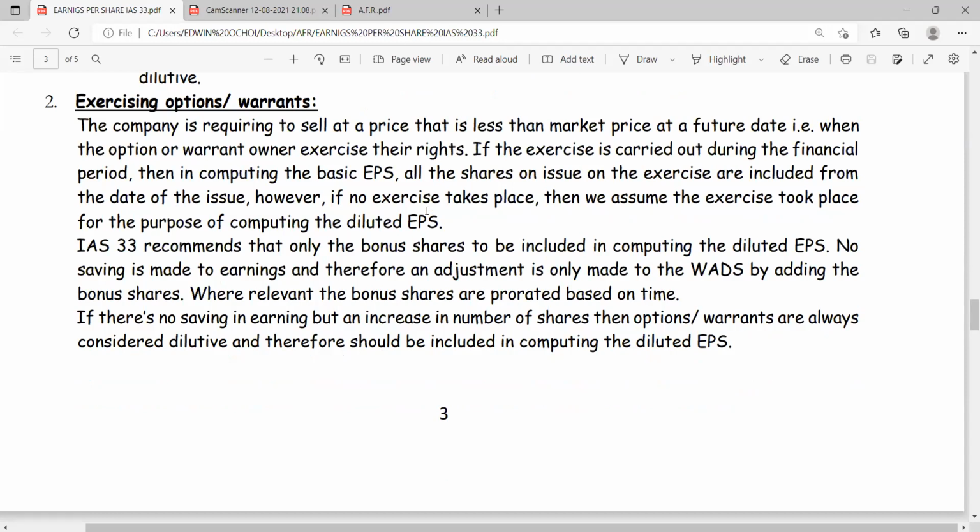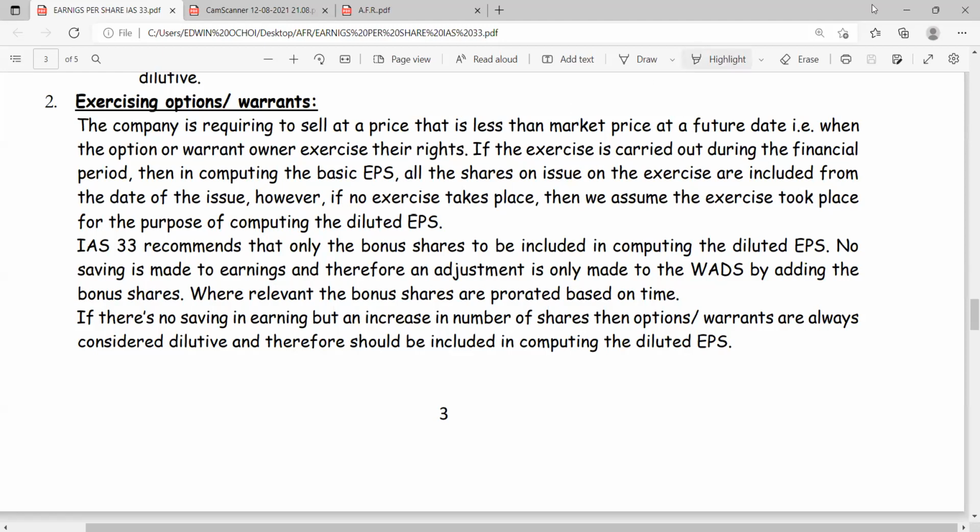So we are saying that if the exercise is carried out during the financial period, then in computing the basic EPS, the shares issued on exercise are included from the date of issue. If there's no exercise, like in our scenario, we assume exercise took place for the purpose of computing diluted EPS.